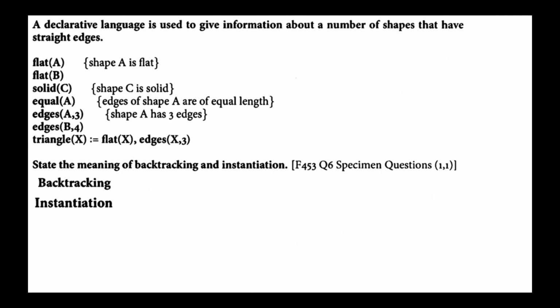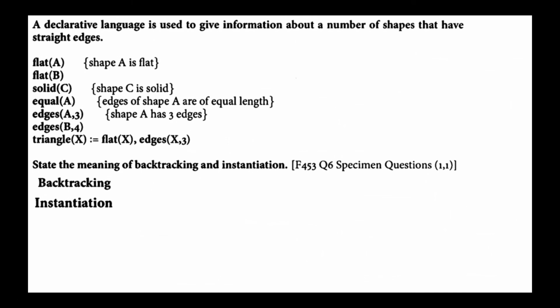Declarative language is used to give information about a number of shapes that have straight edges. Flat A, shape A is flat; flat B; solid C, so shape C is solid; equal A, so edges of shape A are all of equal length; edges A 3, shape A has 3 edges; edges B 4, so B has 4 edges; and triangle X, flat X, edges X 3.